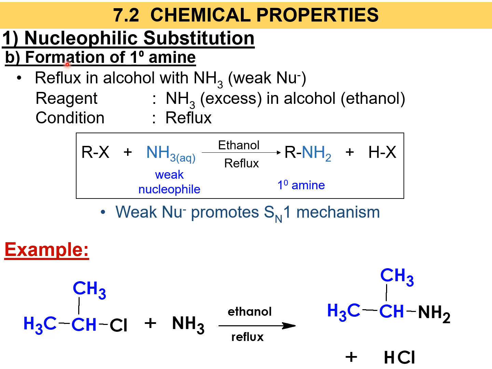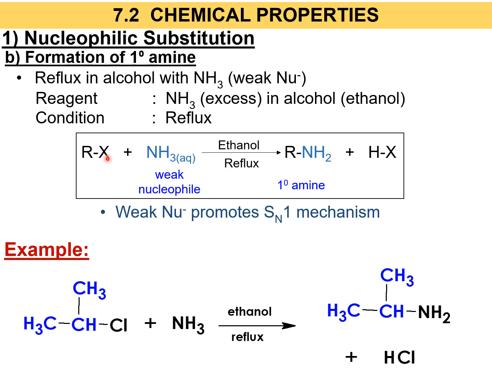Okay, next up, macam mana kamu nak form primary amine if let's say you ada haloalkane? You boleh buat nucleophilic substitution with reagent NH3, ammonia. NH3 ni ammonia. Ammonia and then kena dalam alkohol ethanol. Tapi condition reflux. Okay, so apa yang berlaku kat sini?